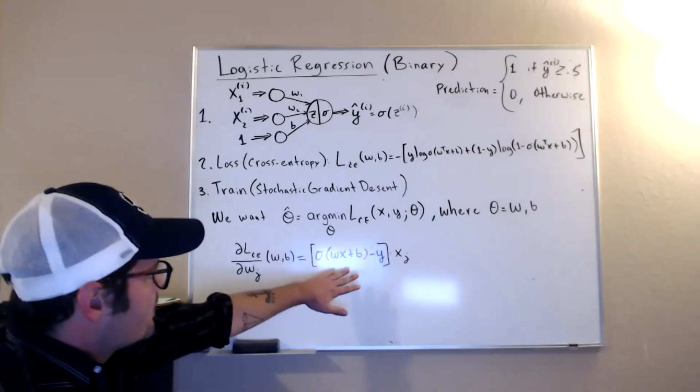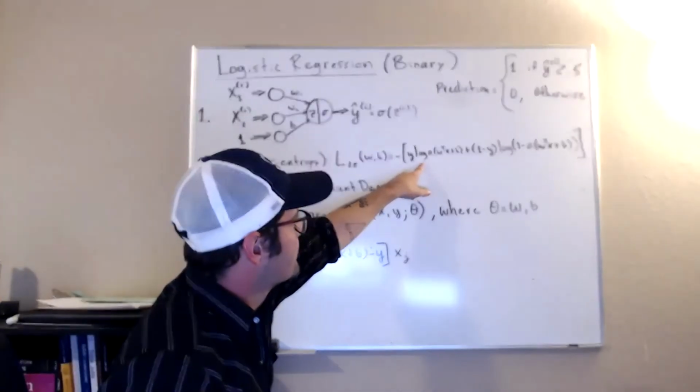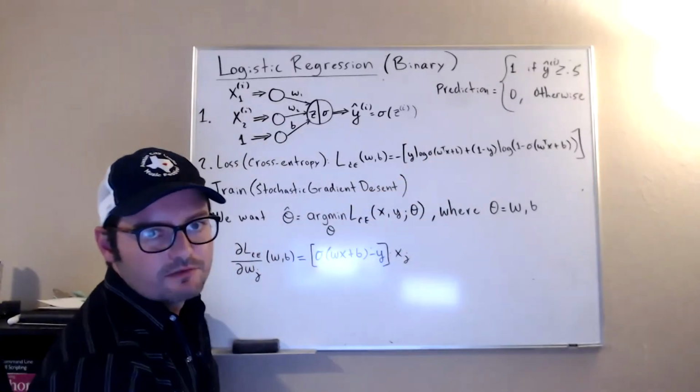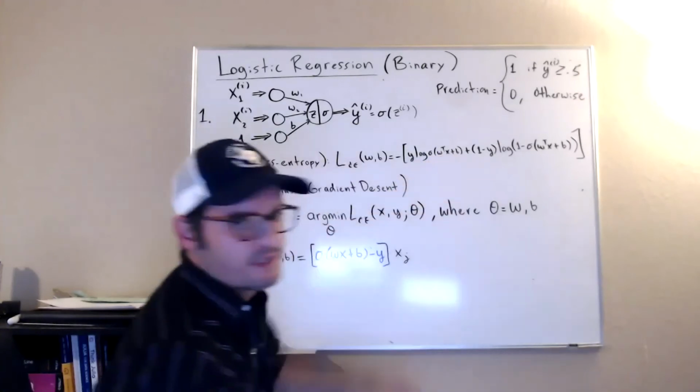This is actually not hard to derive if you just look at this thing and you remember how to take derivatives of logarithms, and then look at the derivative of the sigma, the chain rule applied to sigma with respect to w.